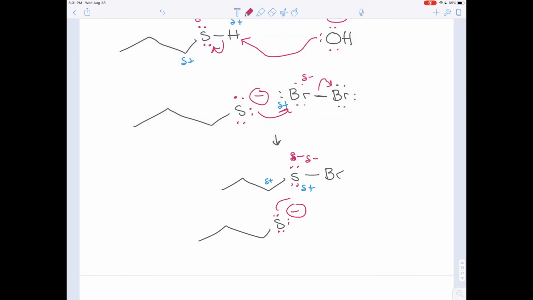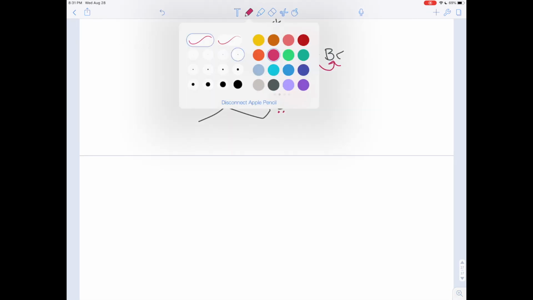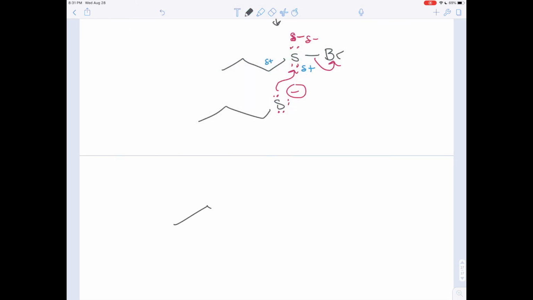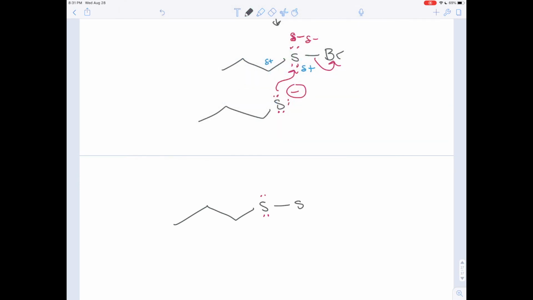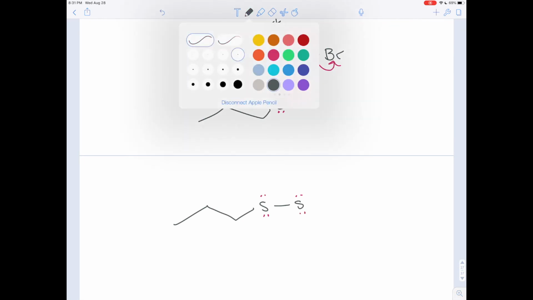The thiolate attacks the sulfur, and the leaving group leaves, and magic, when the dust clears, you have the beautiful, the wonderful, the protein strengthening disulfide bond.